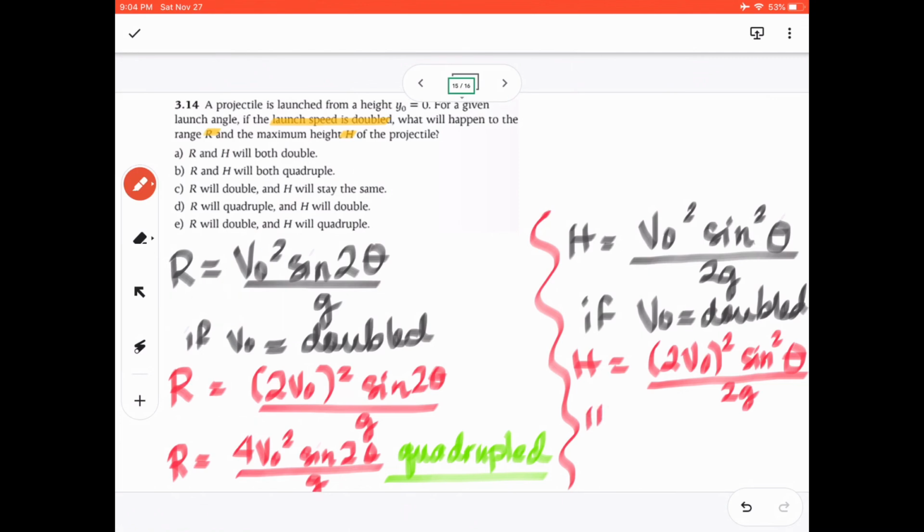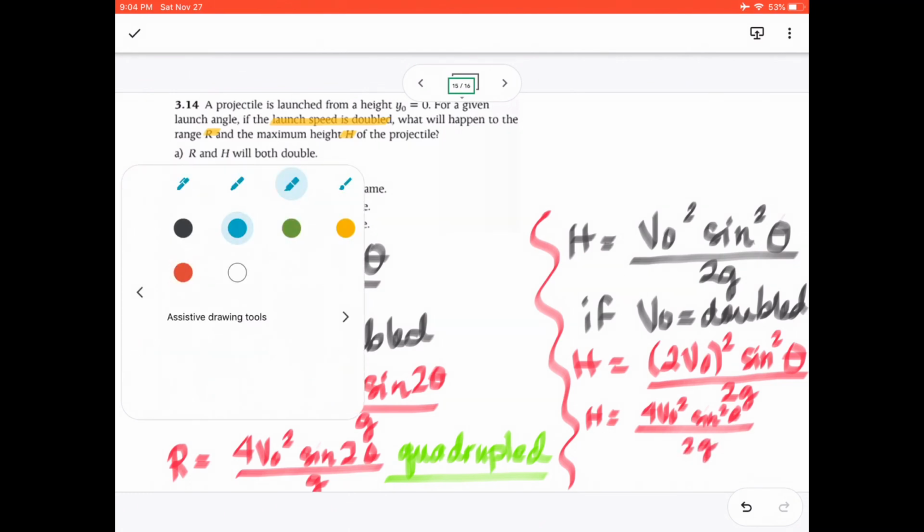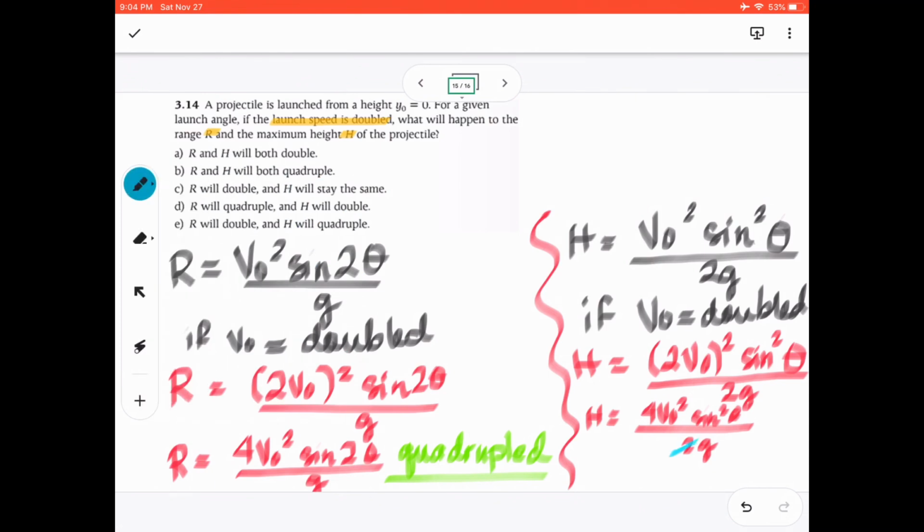So H becomes 4V0 squared sine squared theta over 2g. But there's a 2 on the denominator, so 4 and 2 will cancel out and it will become 2 over here.